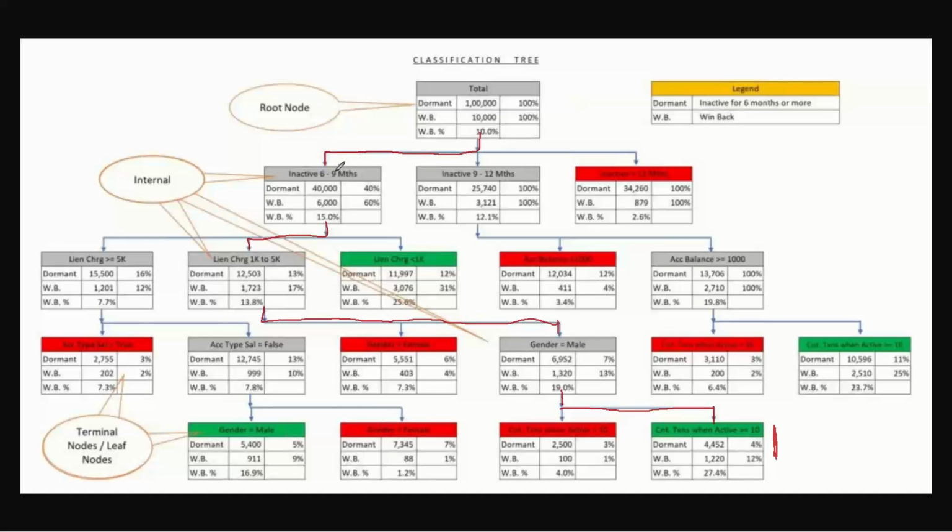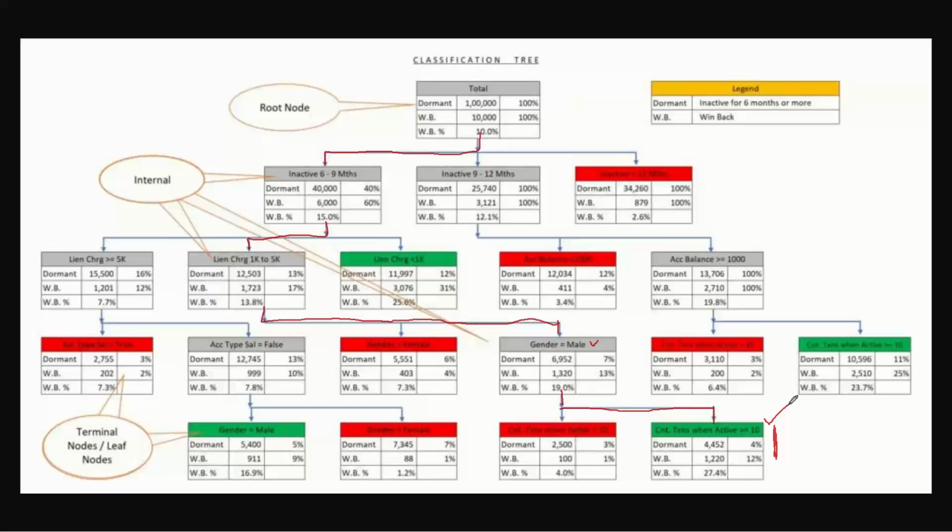So the model is now saying if the customer is inactive 6 to 9 months, and there are certain charges on this customer, the charges are 1000 to 5000, and the customer is male, and the customer used to do 10 transactions when the customer was active.